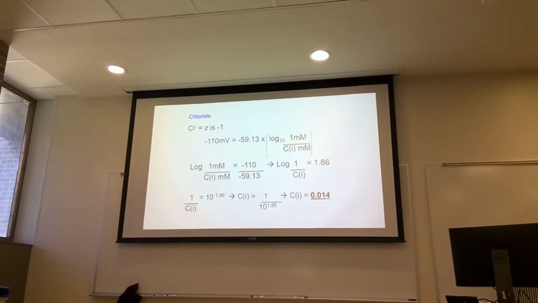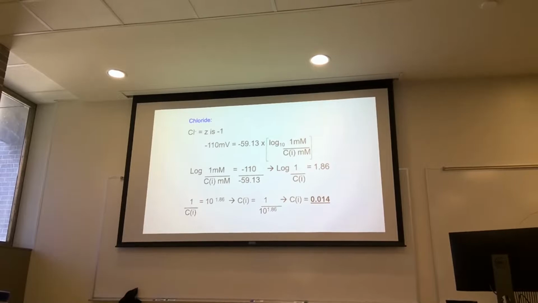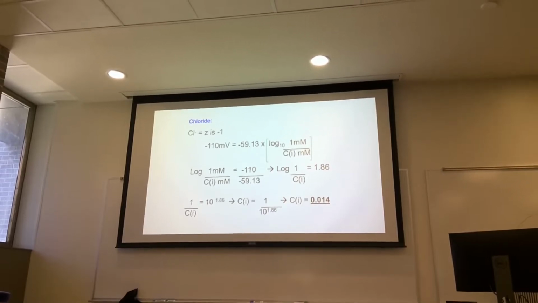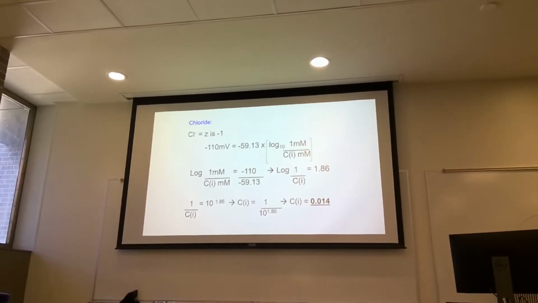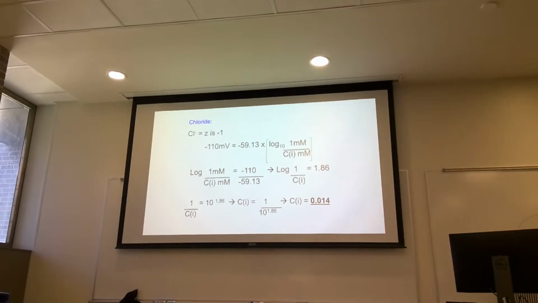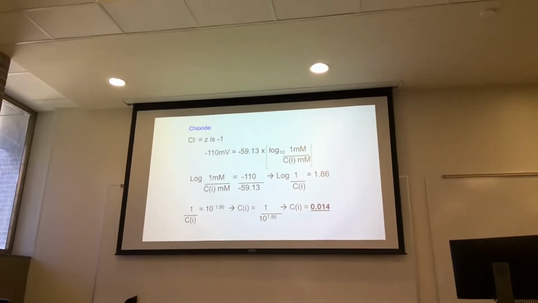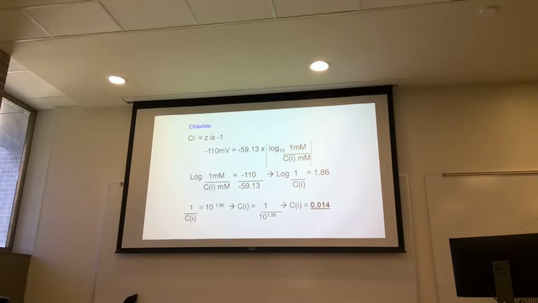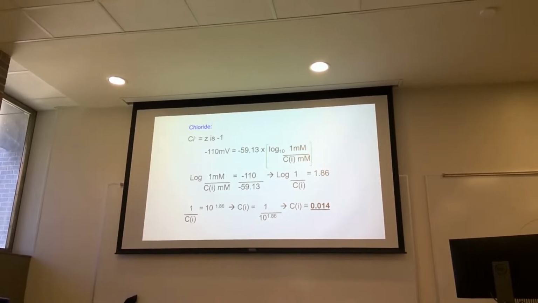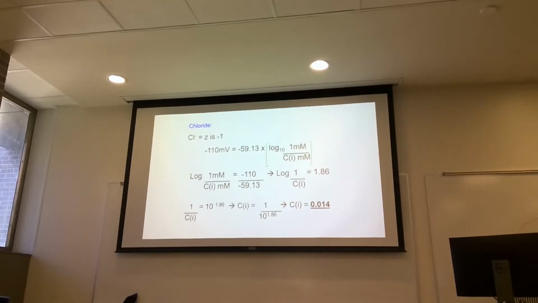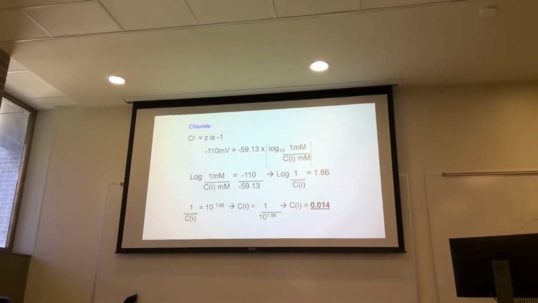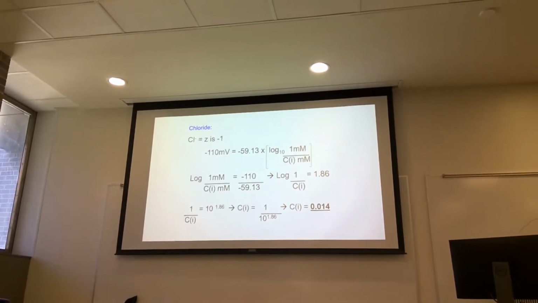So you divide that, and so how is the actual concentration of chloride higher or lower than if it was at equilibrium? At equilibrium, it would be 0.014, but you actually have 7.